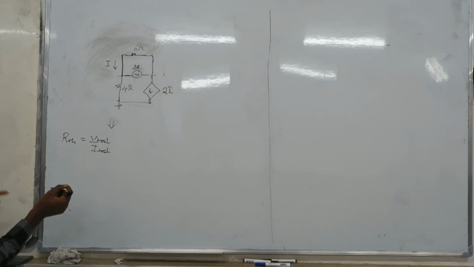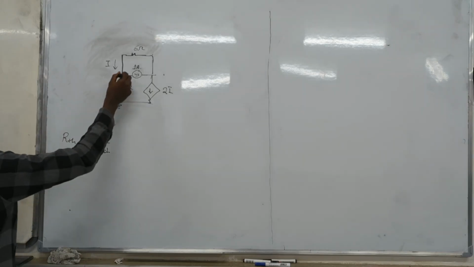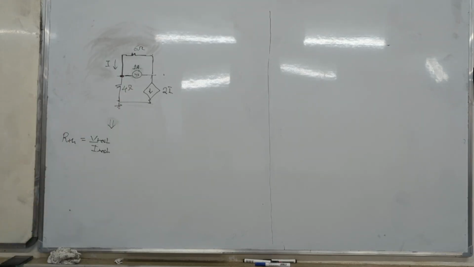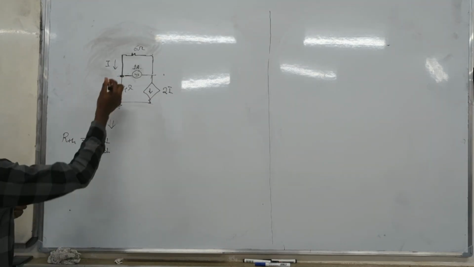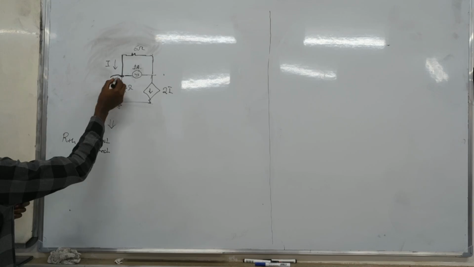But we can use the other ones. So maybe let's start with the easiest. The easiest is KCL. But if you don't see it, you go with the fundamental mesh node. So this is I, this is 2I. We can apply KCL.